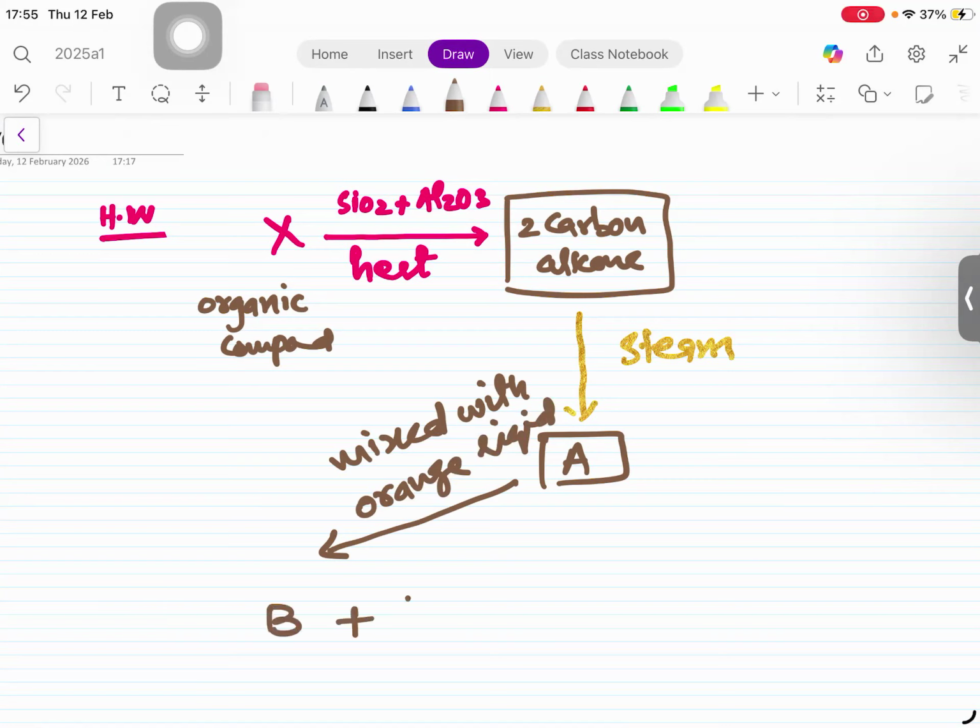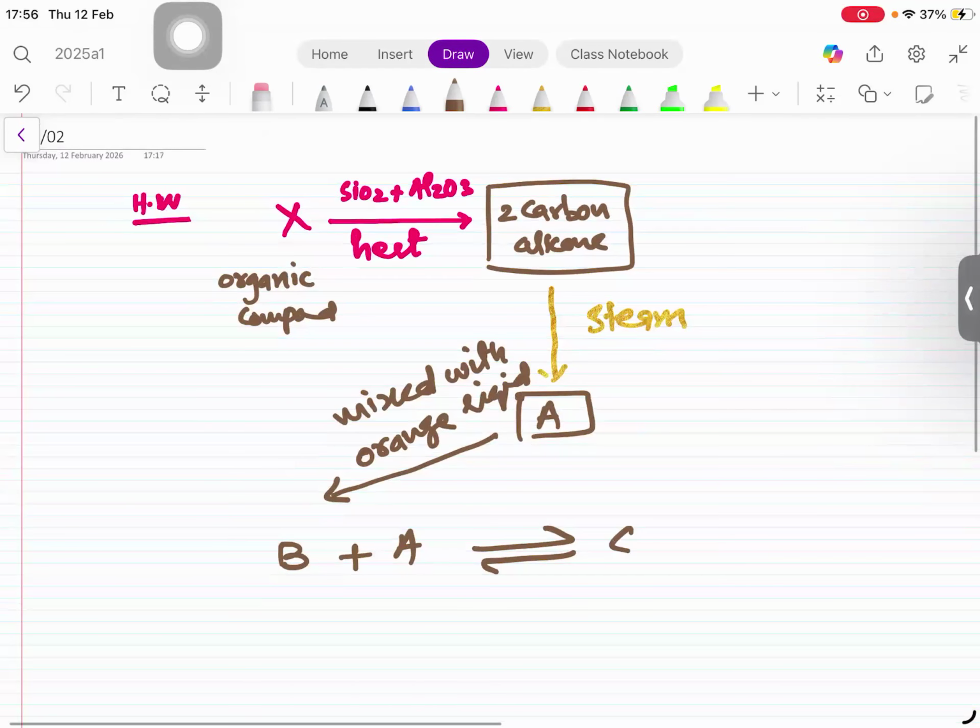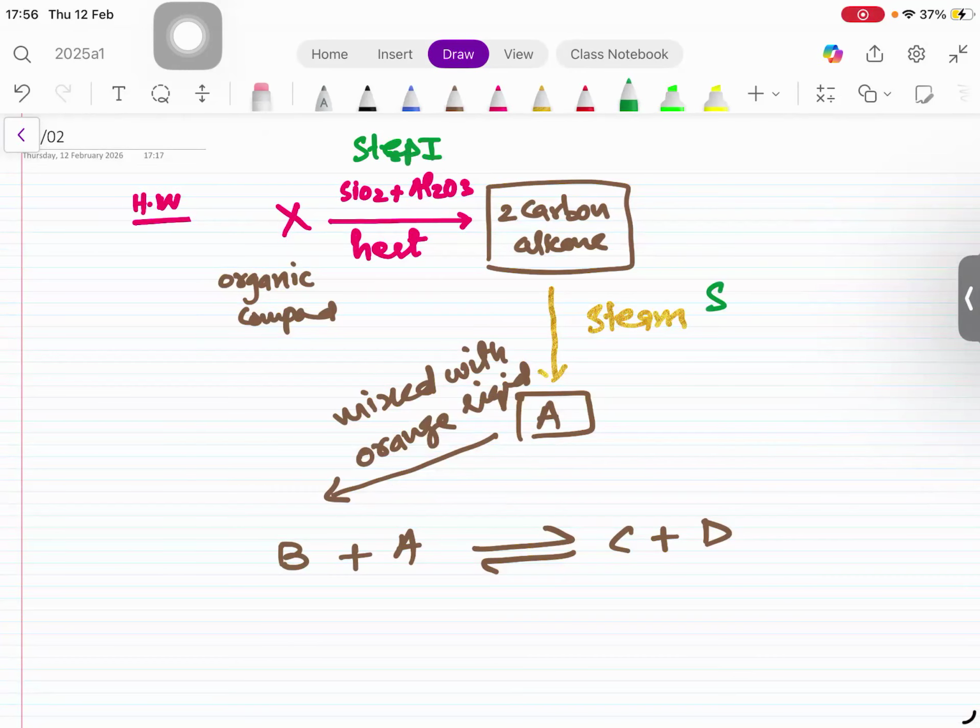This B is mixed with A again, and 2 compounds C and D are formed. These are the steps: here is step 1, here is step 2, here is step 3, and here is step 4.